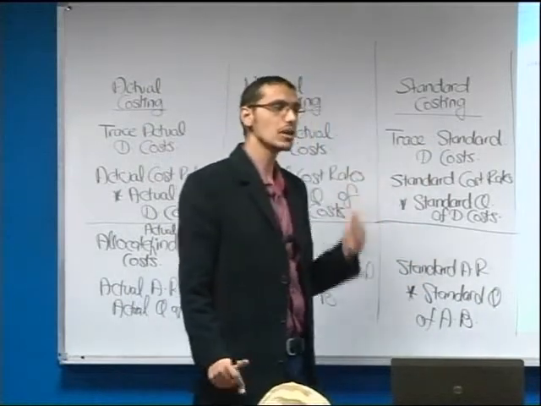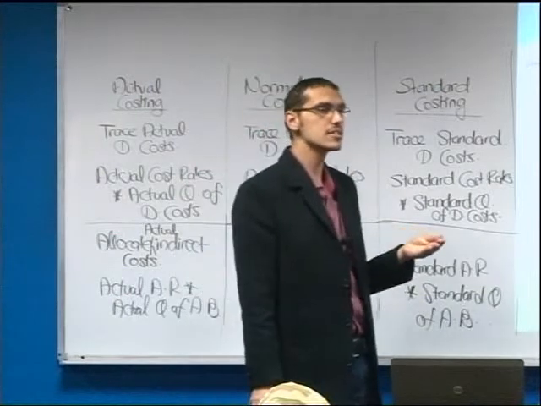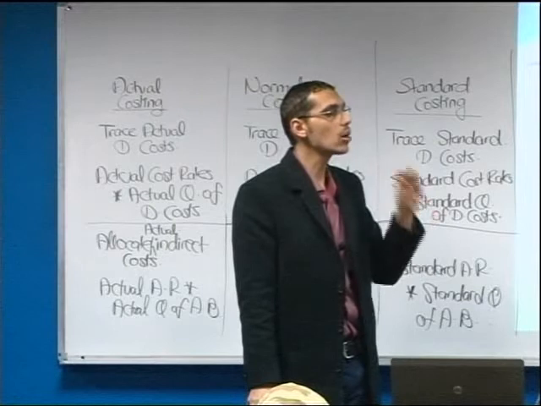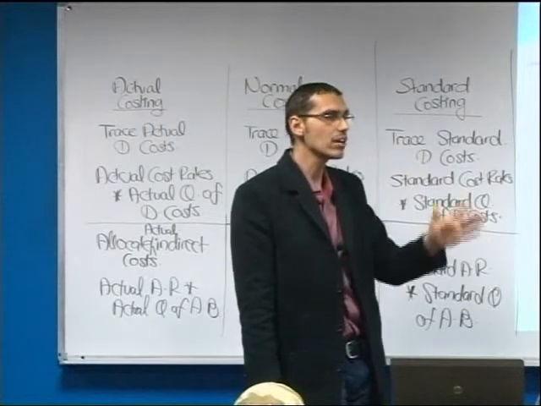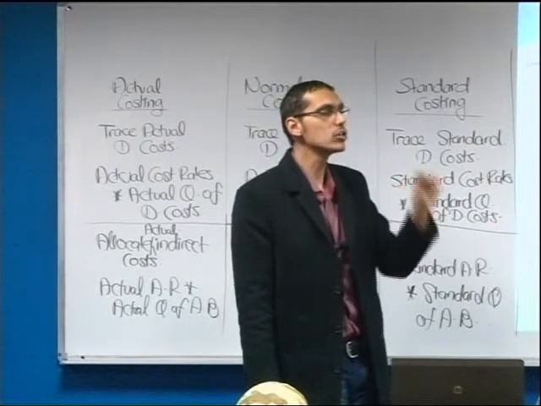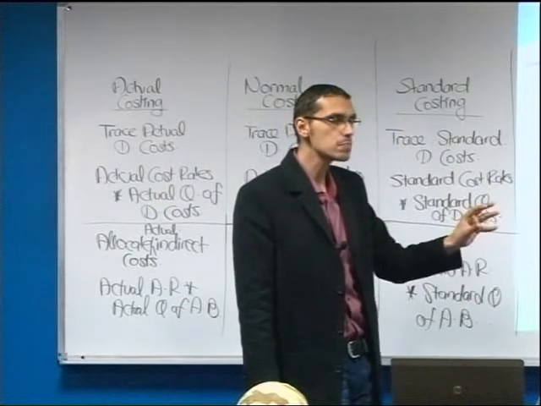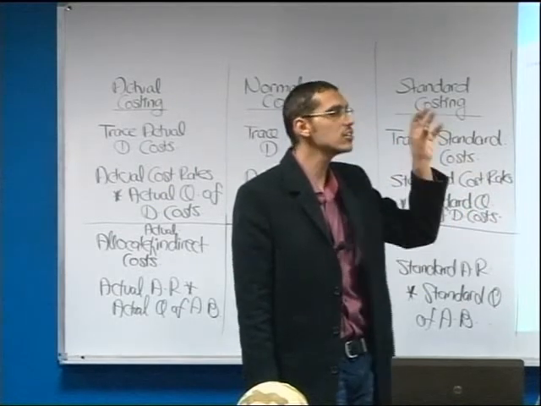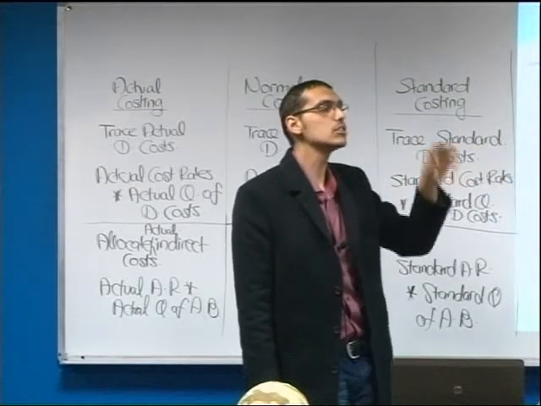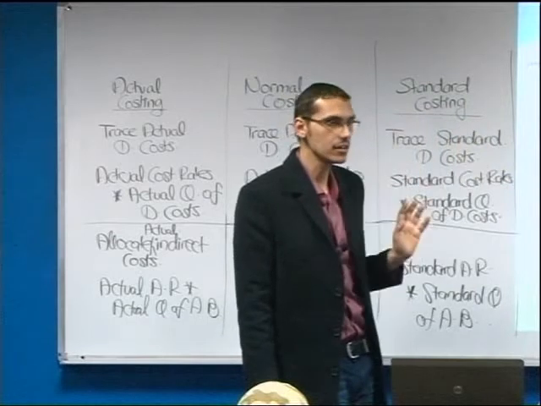Therefore, if we are going to use a standard costing system, we are going to recognize direct costs, whether direct materials or direct manufacturing labor, according to the standard prices, the standard rates or cost rates, and the standard quantities.